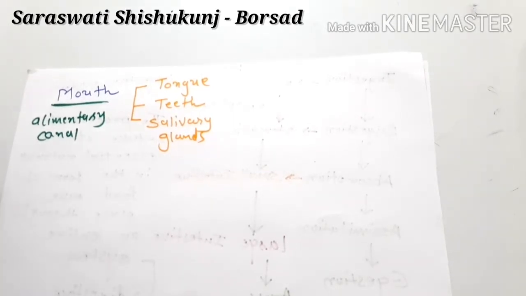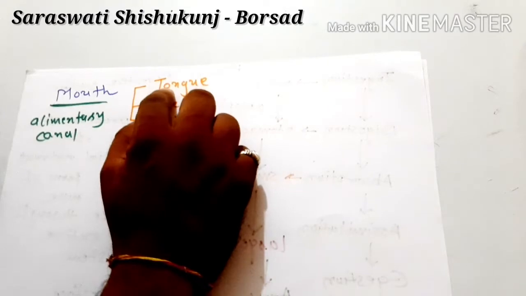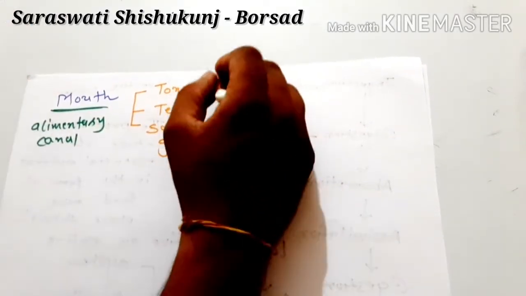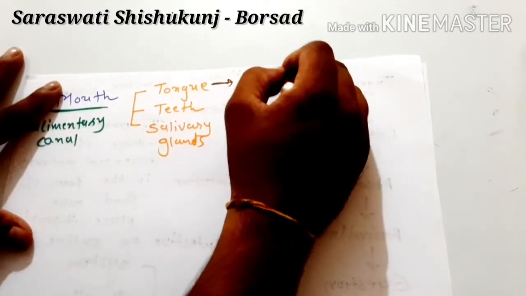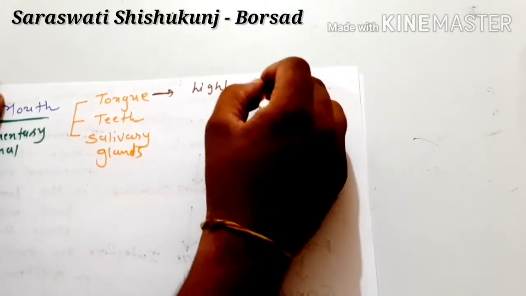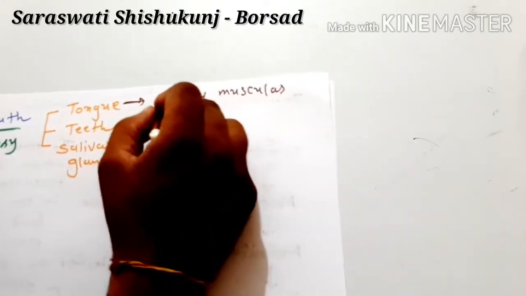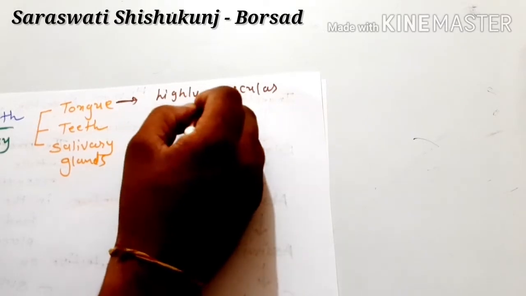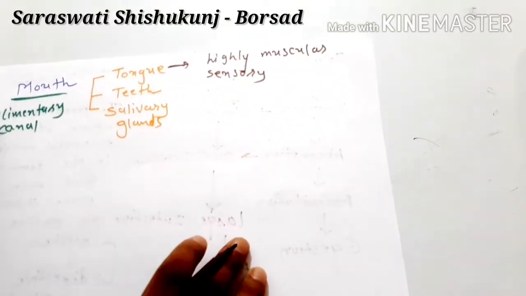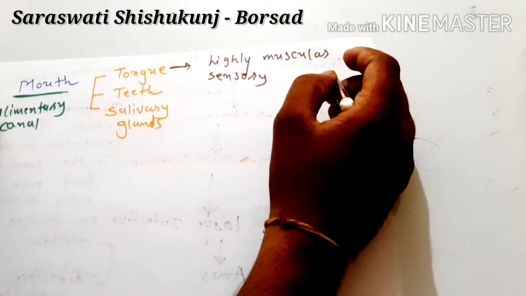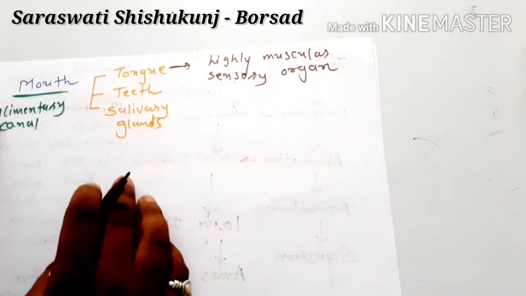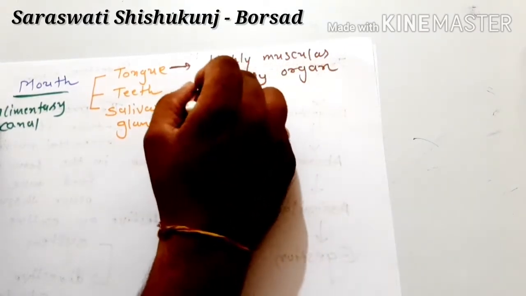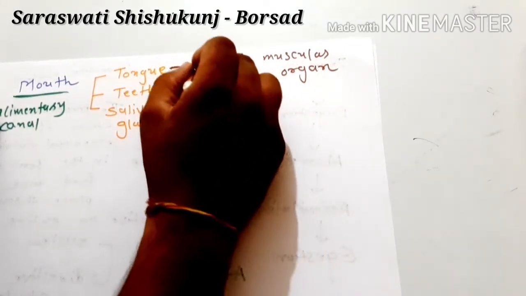Now let's see how the tongue is helpful to us. First of all, what is the tongue? The tongue is a highly muscular sensory organ. Where is this tongue present?